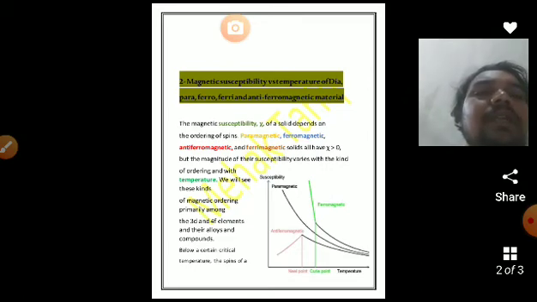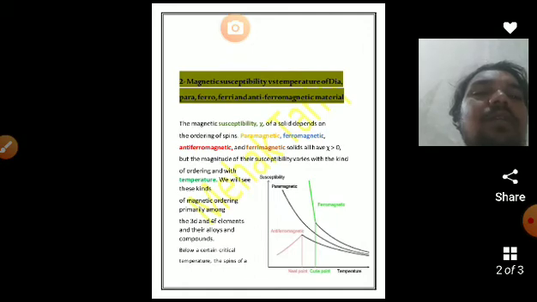All have chi greater than 0, but the magnitude of the susceptibility varies with the kind of ordering and with temperature. We will see these kinds of magnetic ordering.